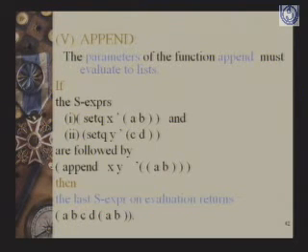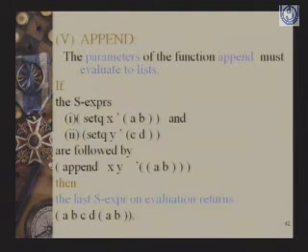This associates the list AB with the variable or symbol X. Similarly, setq Y quote CD associates the list CD with the symbol Y. Now, for example, we have got the construct append X Y quote double left parenthesis AB double right parenthesis followed by the closing right parenthesis.